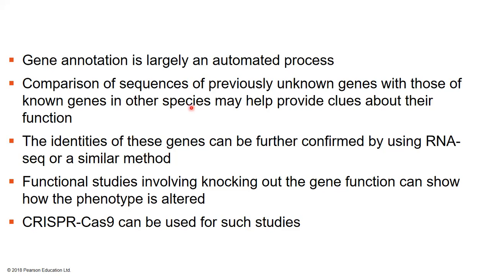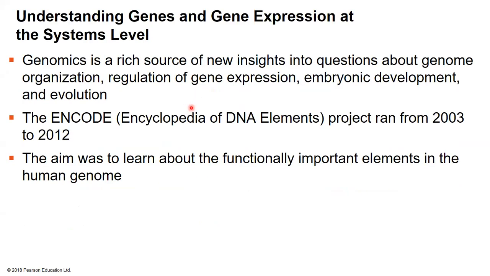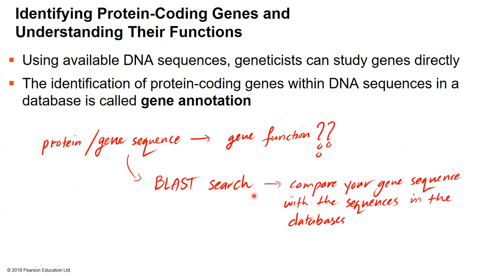The BLAST search will compare your gene sequence with sequences in the database. If you have a human gene sequence with unknown function, you can compare it with all sequences from different organisms.